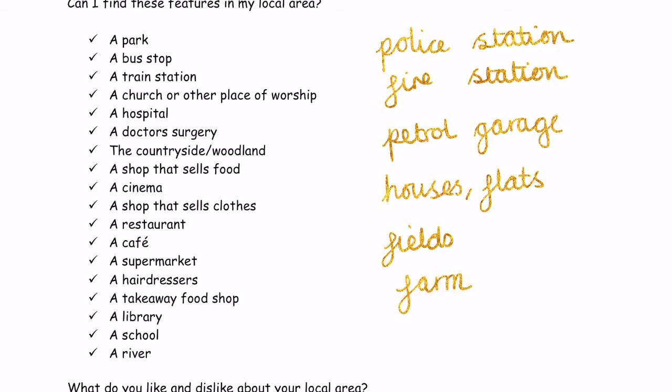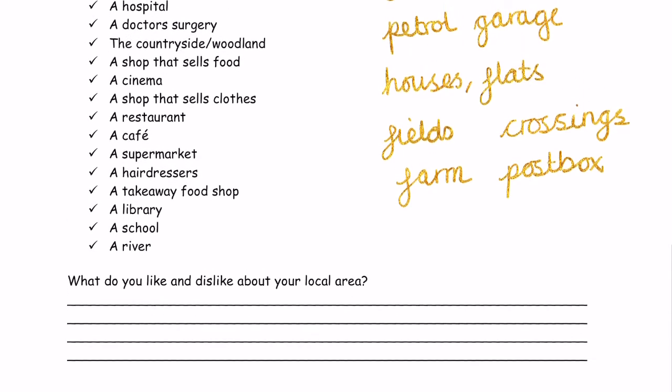You might find lots of crossings. You might find a post box. Keep your eye out on your walk to see the other things that you can find. When you've finished your walk, have a think about this question. What do you like and dislike about your local area?